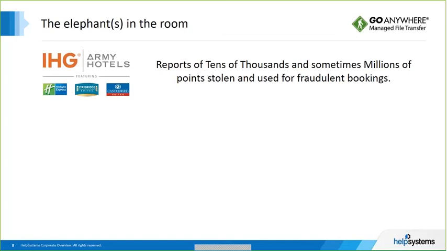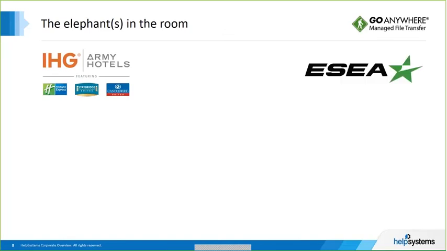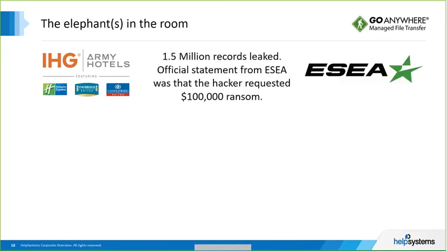That's a lot of money that can be disappearing right from under their nose just because they don't have control over it. ESEA, they had 1.5 million records leaked. And they said that they were contacted by the hacker and he requested a $100,000 ransom just for his information. That's a lot.